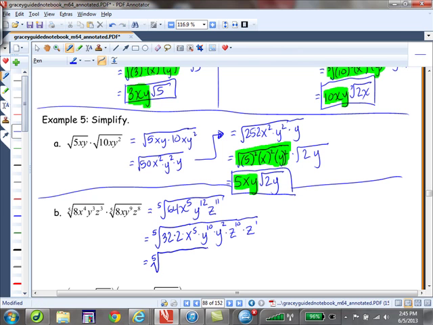Now rewriting, we'll have 32 is the same as 2 to the 5th times x to the 5th times, good, y squared to the 5th times z squared to the 5th. So those will be all the perfect fifth powers. And then times the 5th root of everything left over. So I had a 2, I had a y squared, and I had a z to the 1.